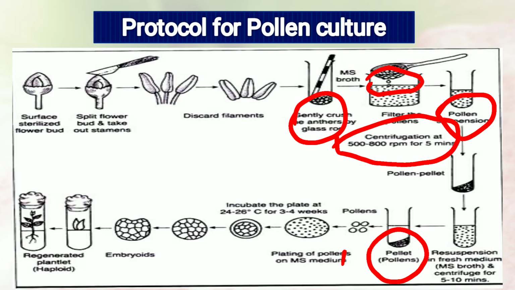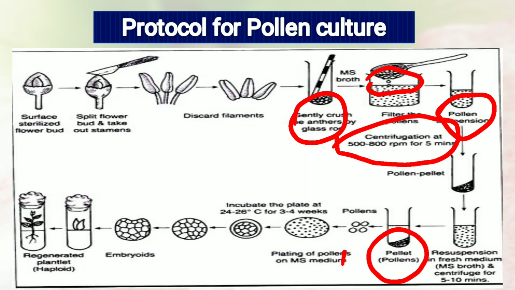Then 2.5 ml of the pollen suspension is pipetted out and poured into a 5 centimeter petri plate. Pollens are best grown in a liquid medium, but if necessary they can be grown by plating in a very soft agar added medium, and each dish is sealed with sellotape to avoid dehydration.